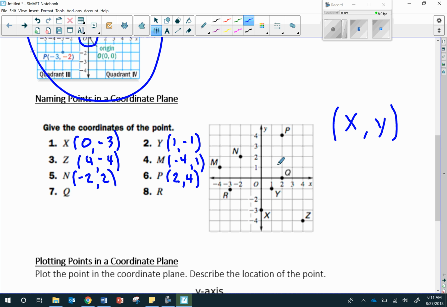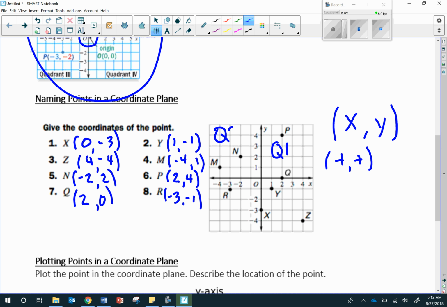Point Q went over 2 on the x-axis, did not go up or down on the y-axis, so its coordinates are 2, 0. Point R, over to -3, down 1, -3, -1.